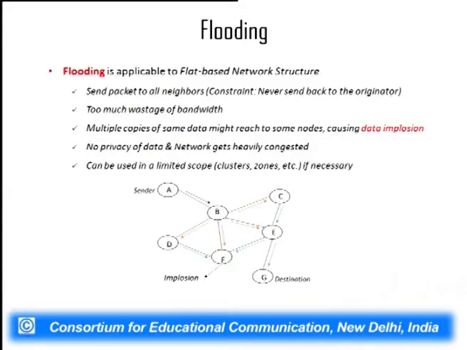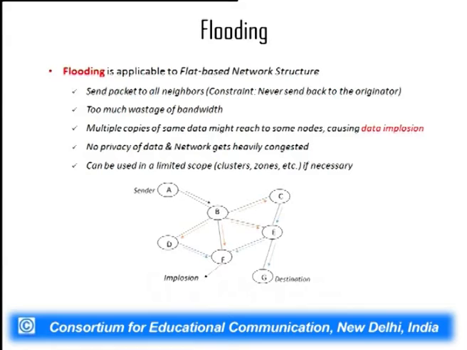Now let's study the most basic routing protocol, that is flooding. In flooding, it is needless to say it's applicable to the flat network structure, that is, all the nodes are homogeneous in nature, be it software or hardware design. In this, the packets are sent to all its neighbors.